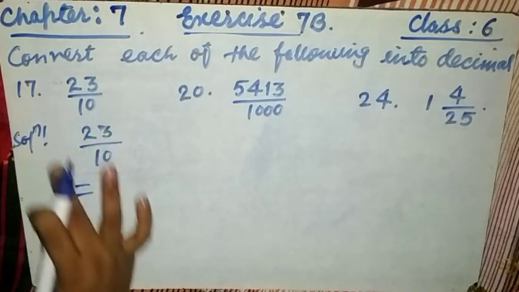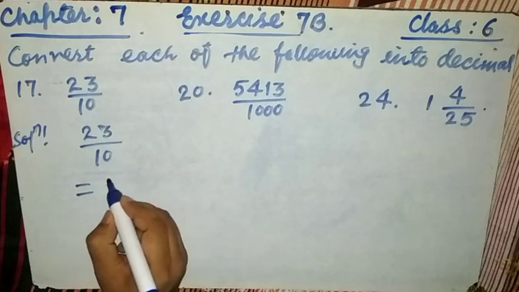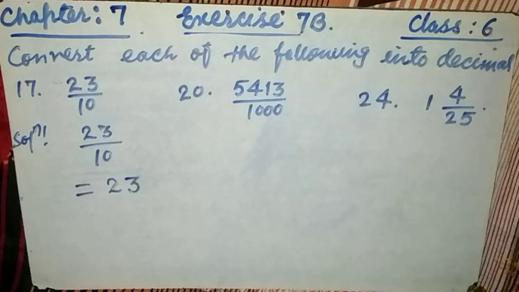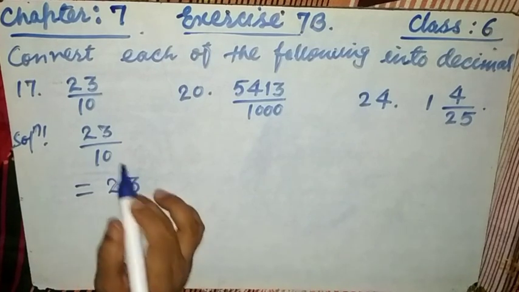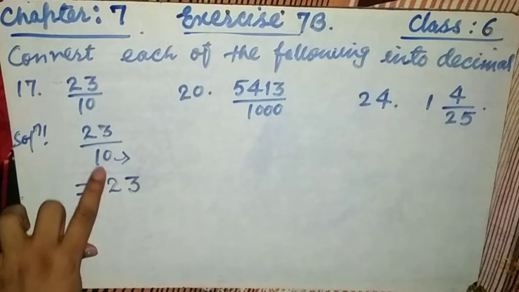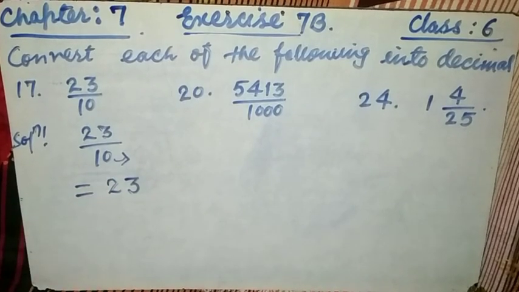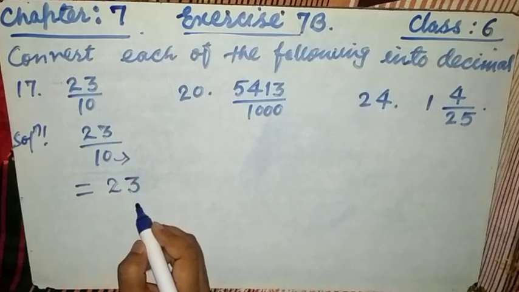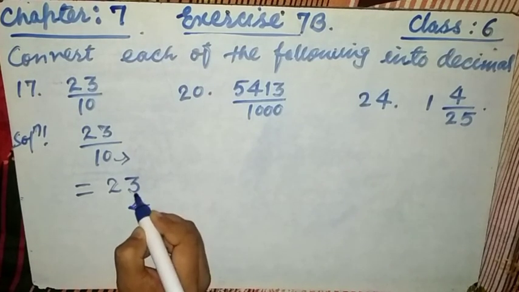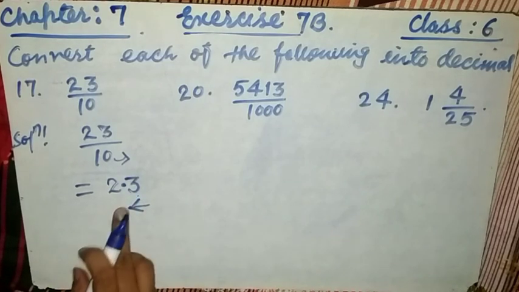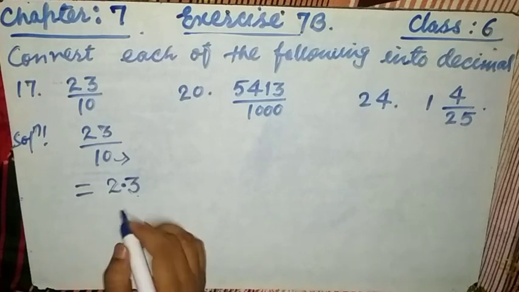So in this question, first write the numerator, whatever the numerator is. Here the numerator is 23, write it down and see how many zeros are in the denominator. Here there is 1 zero, only 1 zero. So we have to place the decimal in the numerator after counting one digit from the right-hand side. Here is 1 digit, and here we place the decimal. So 2.3, this is your decimal, this is your answer.